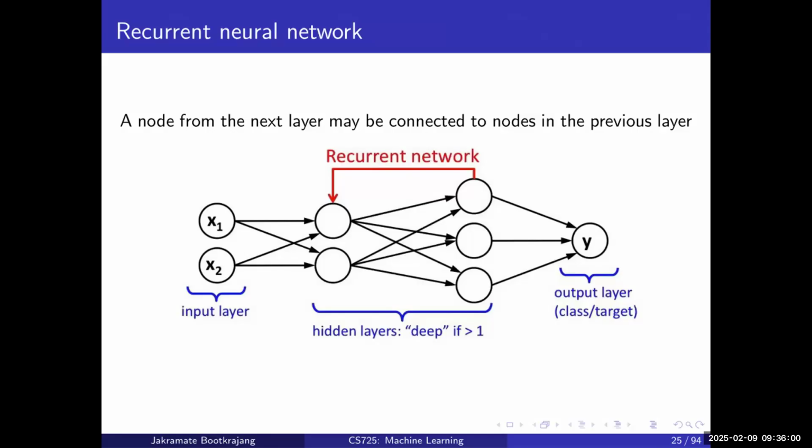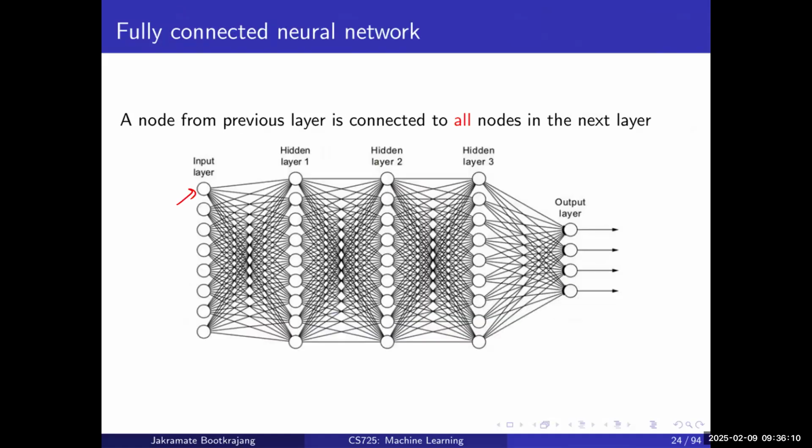And then we have the recurrent neural network. This recurrent neural network introduces a backward edge, right? So before, we had edges from the left layer to the right layer, right? So we send the signal one way.